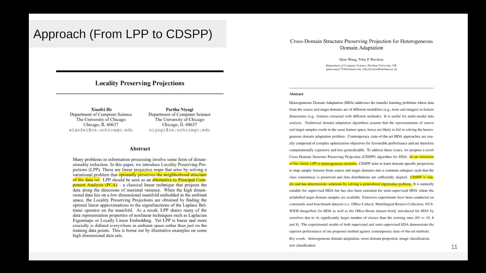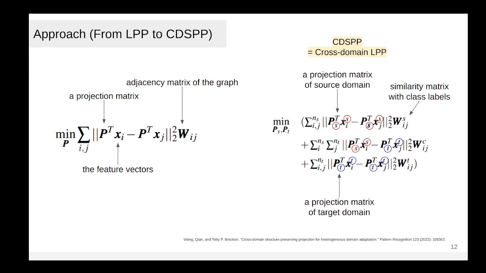And this is based on LPP. The left one is the main objective of LPP. If you look at CDSPP on the right side, they have 3 LPP terms. Each of them is to minimize the distance between source to source domain, source to target domain, and target to target domain.